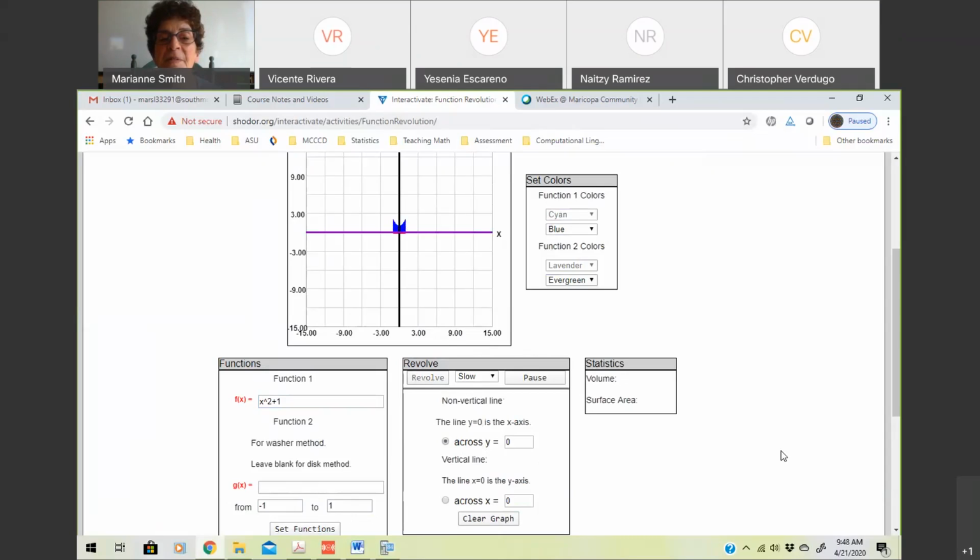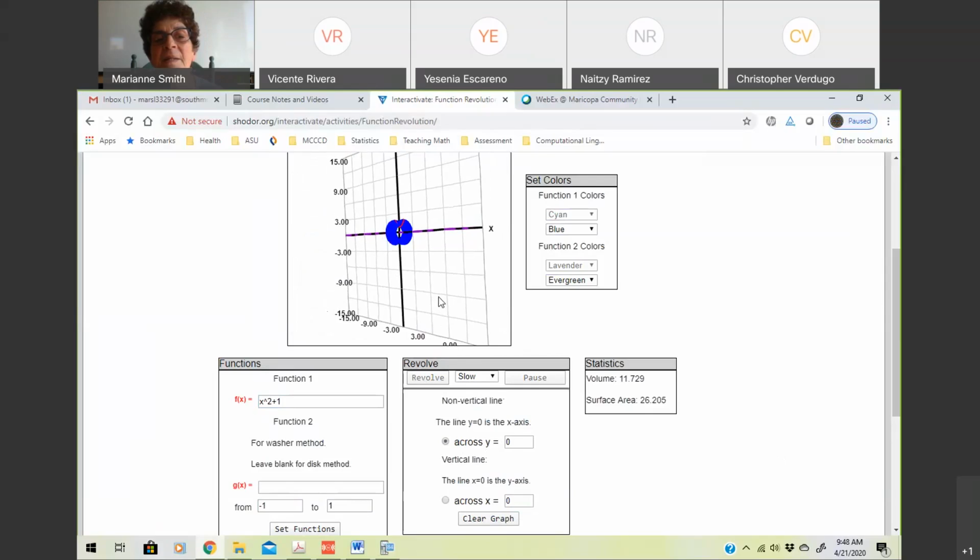And there it is. You're seeing something being created, and I'm going to let it generate the whole thing nice and slow. And then when it's done, I'll tilt the grid a little so you can see what it looks like. So here's tilting the grid just a bit. See the solid.